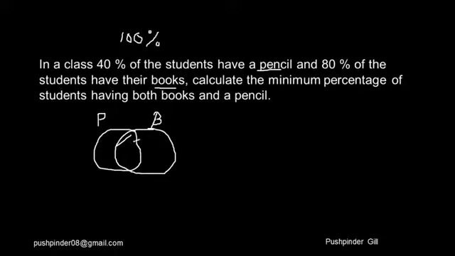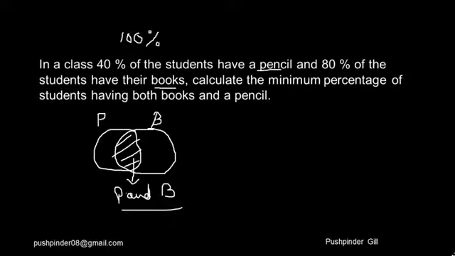The area overlapping in both of them denotes people having pencils and books. So this is a typical set theory question. Whenever two things are mixing together and there is a probability that both events might happen, then it is a set theory question.